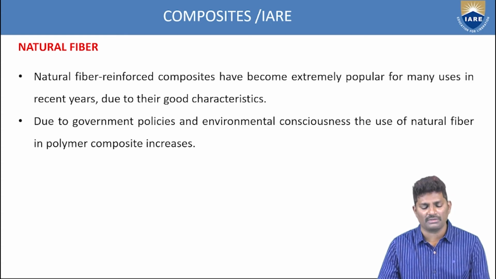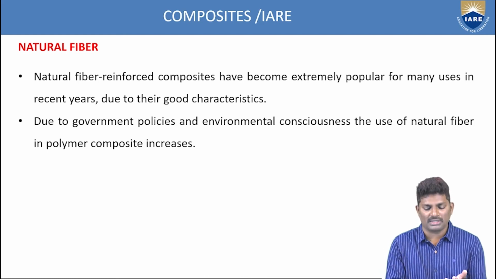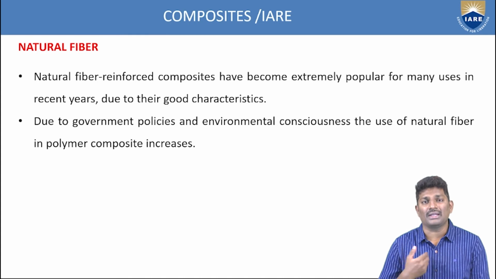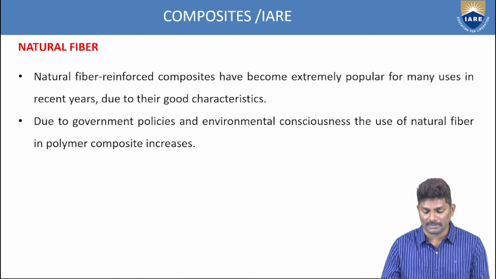Another type of classification of composite material is natural fibers. Natural fiber reinforced components have become very popular over many years due to their good characteristics. Due to government policy and environmental conditions, these natural composites are increasing. Why? Because you have n number of applications with natural fibers compared with other fiber materials.